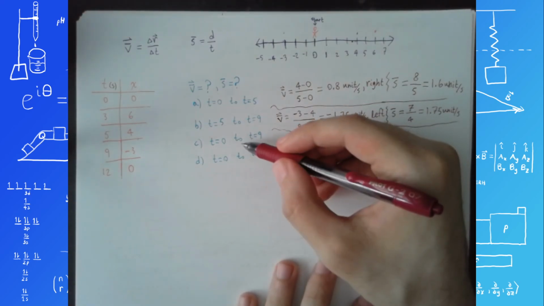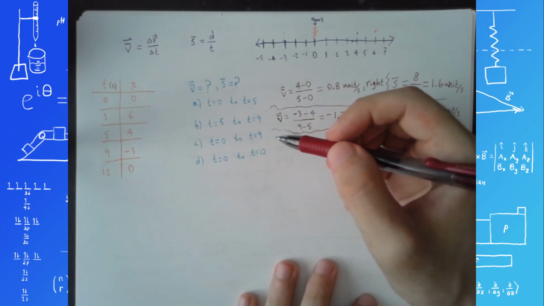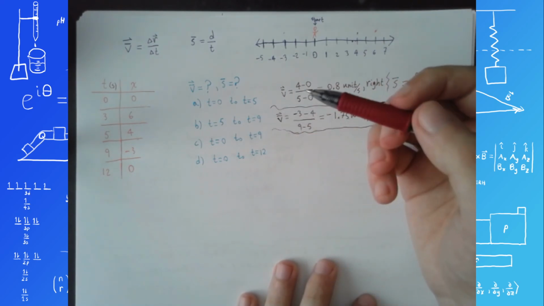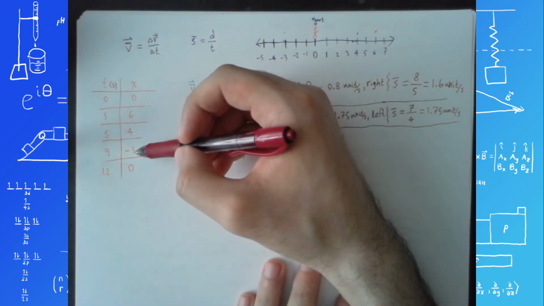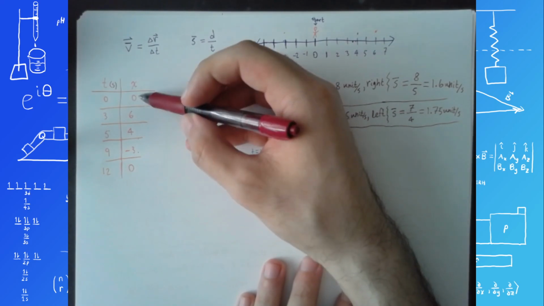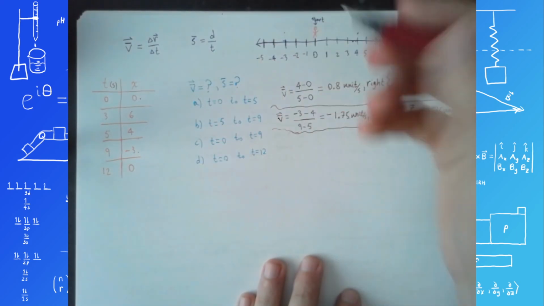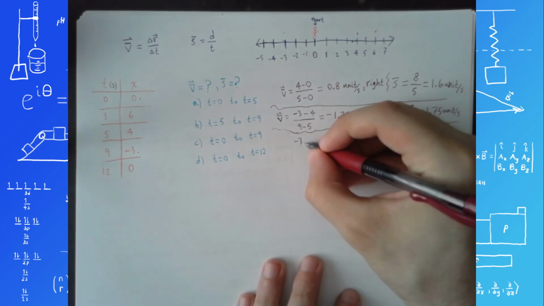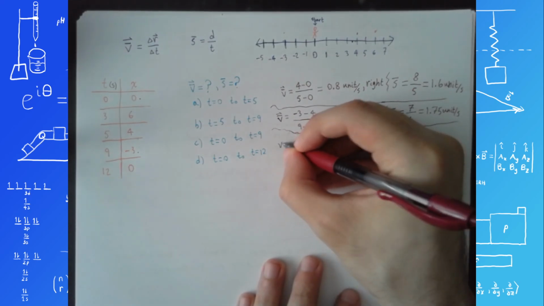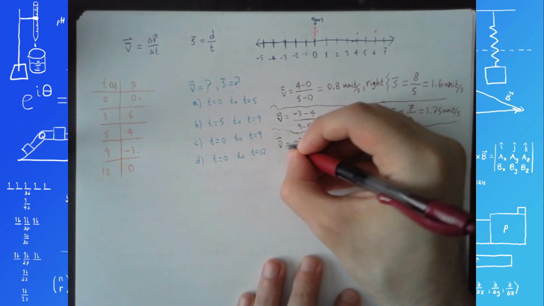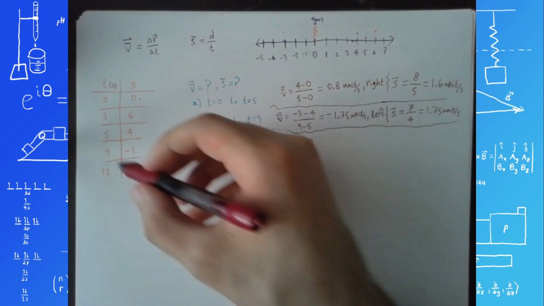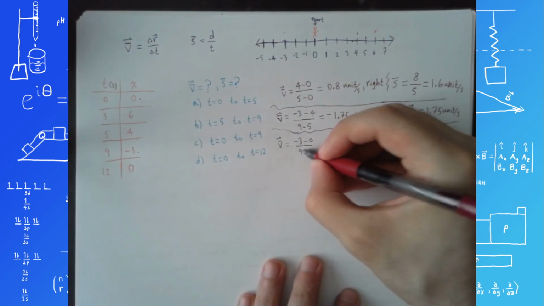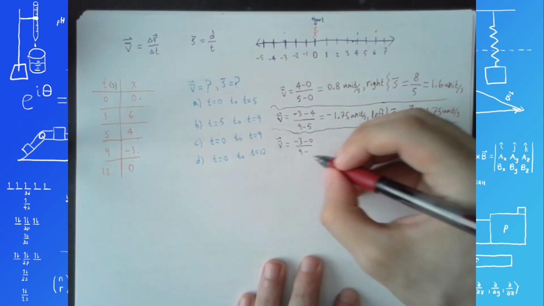So over here we're going to do from time 0 to time 9. Our displacement is final position -3, starting position 0, so -3 minus 0 for average velocity, over total time. Final time is 9 minus starting time is 0.